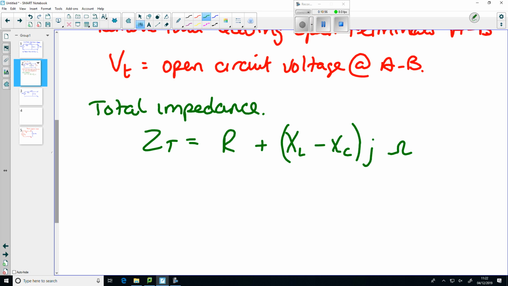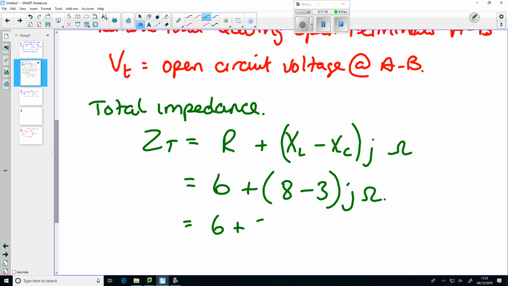Yep. So now we can put our numbers in. Resistance is 6 plus XL is 8, isn't it? Minus 3 J ohms. 6 plus 5 J ohms.